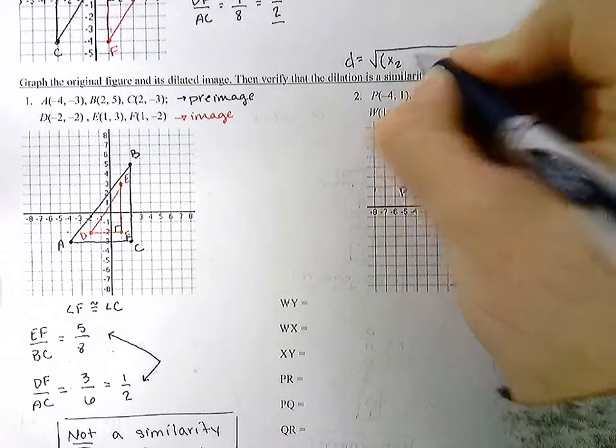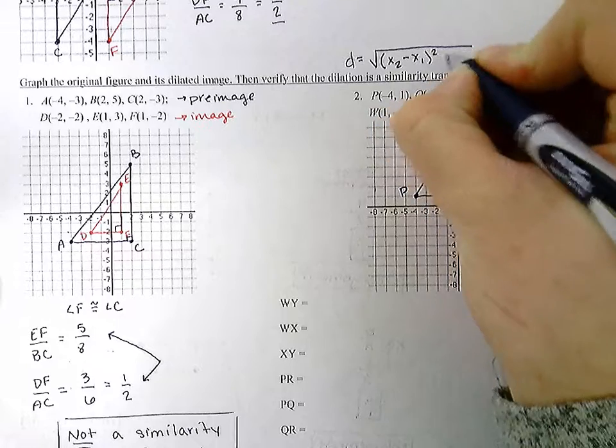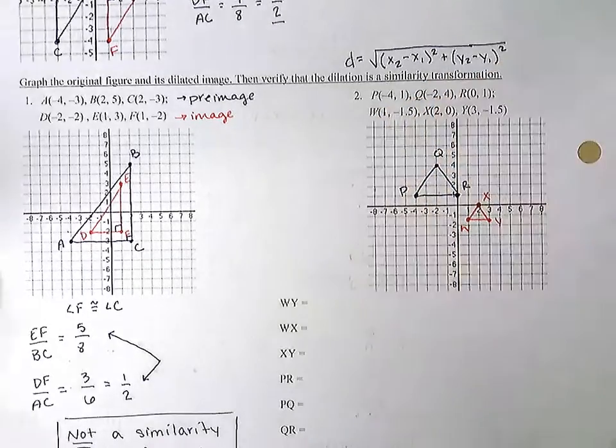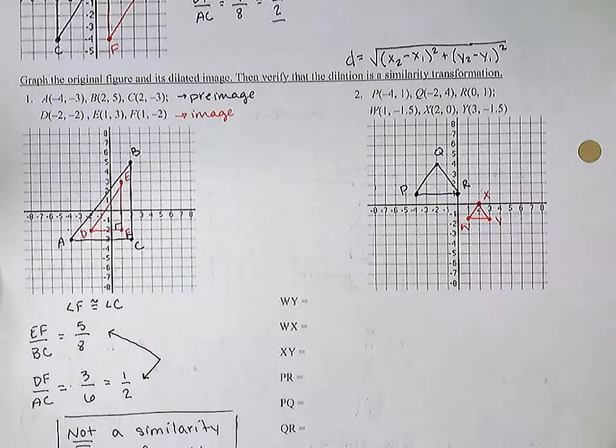That's the square root of x sub 2 minus x sub 1 squared plus y sub 2 minus y sub 1 squared. And yes, you have to use this on your assignment. There's one on the front page that you have to use it on. And there's one on the back page that you have to use it on.